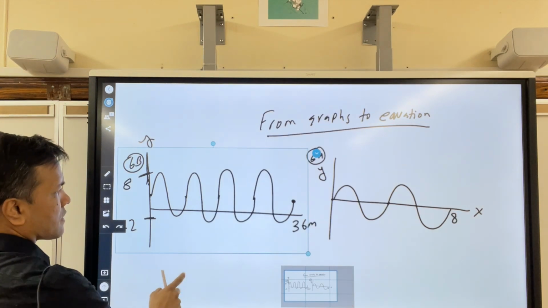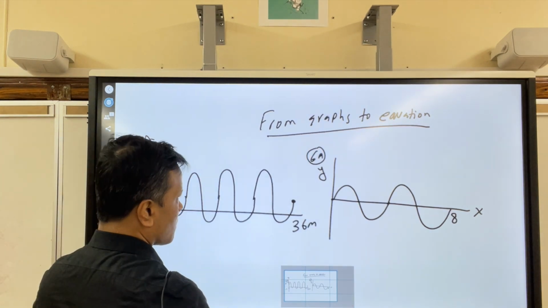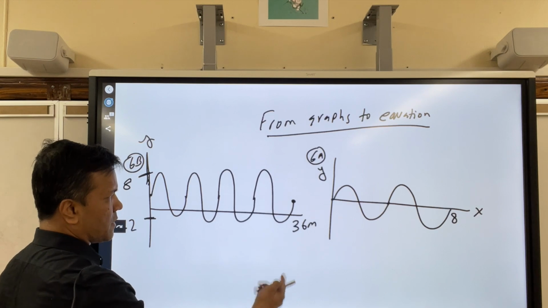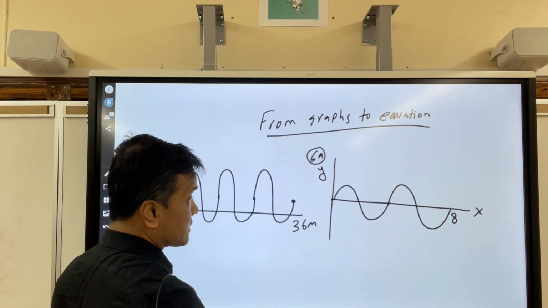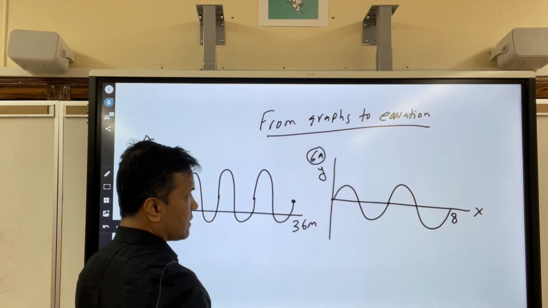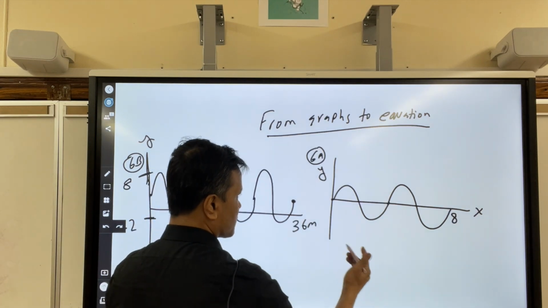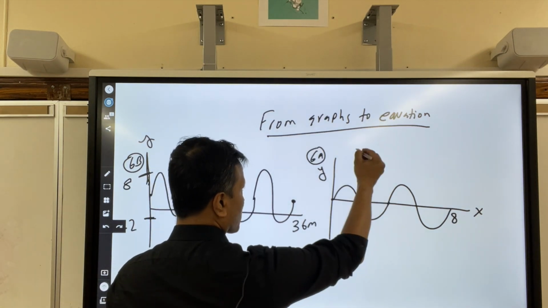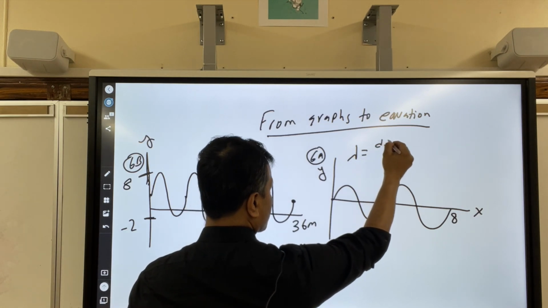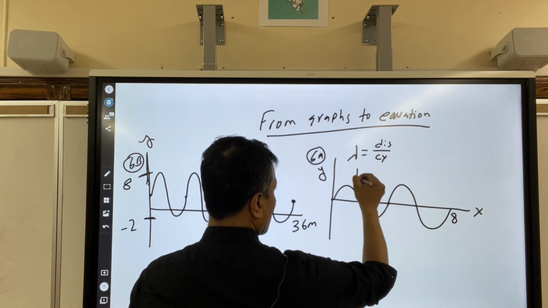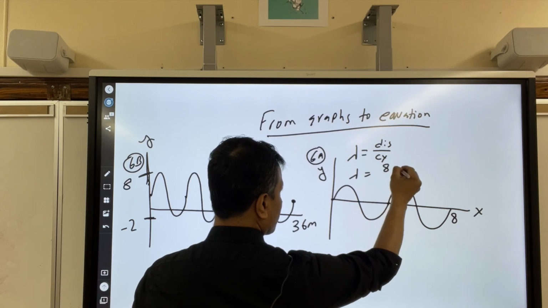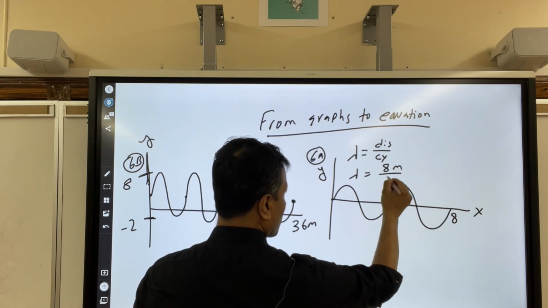Okay. All right. So let's do this one over here. I wanted to find the equation. So to find the equation, you have to find the lambda. Lambda is distance over cycle. Distance is 8 meter, cycle is 1 and 2.